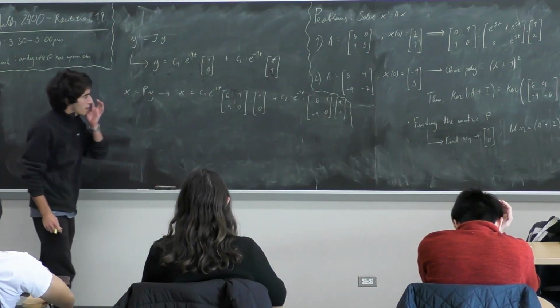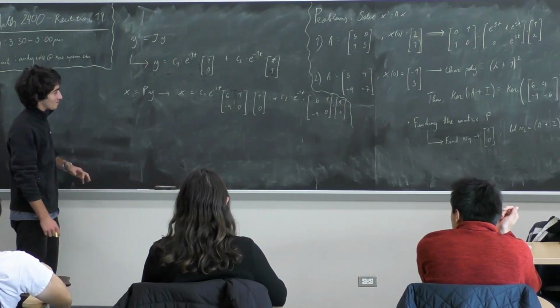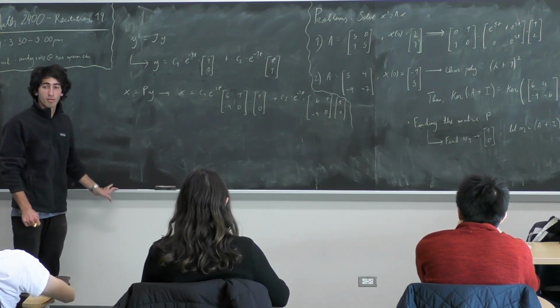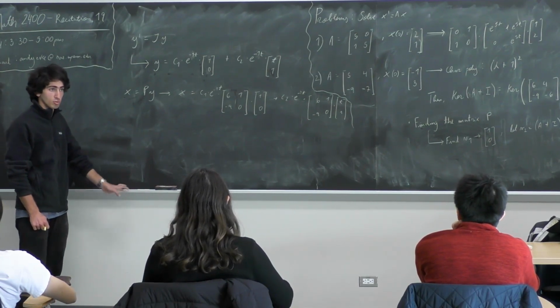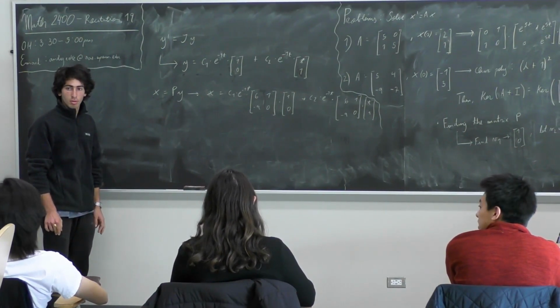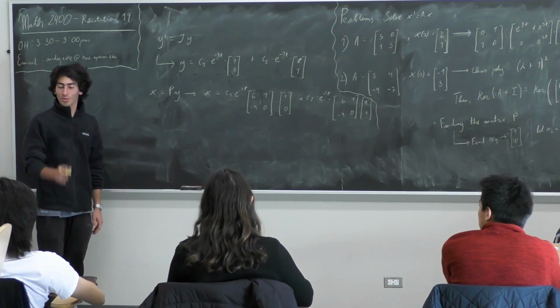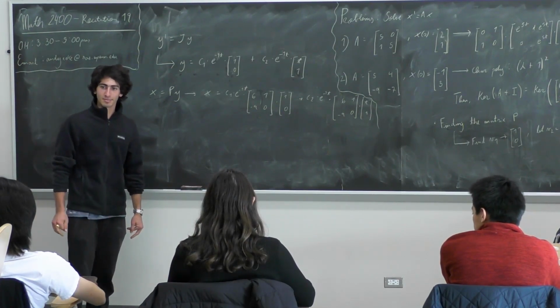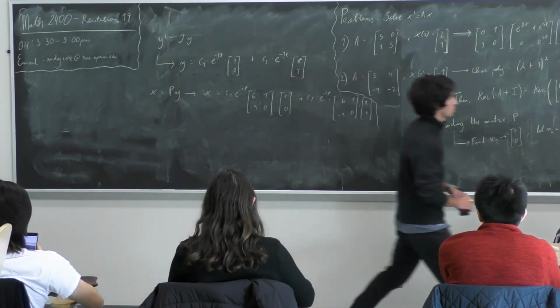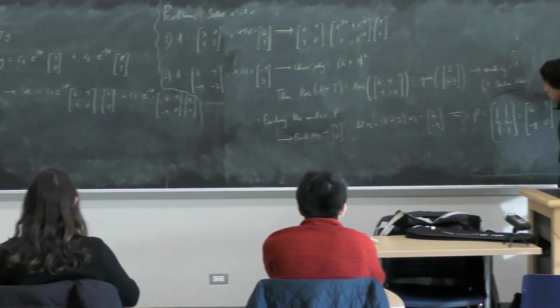Maybe I'll leave it there so that we can try doing something else instead. But any questions about this, or do you think you'll be comfortable solving 2 by 2 systems? Can you write out the e to the Jt form? Yes, we'll write that in a second. I'll just erase some of this here.